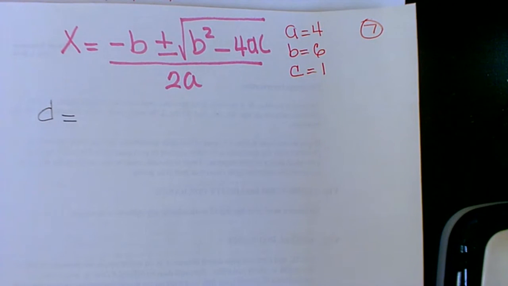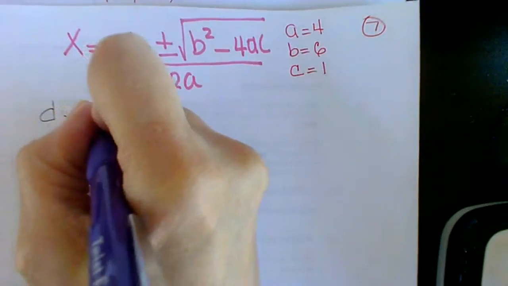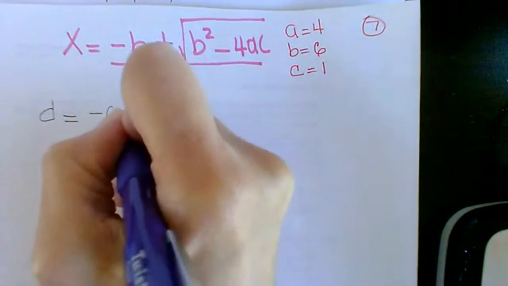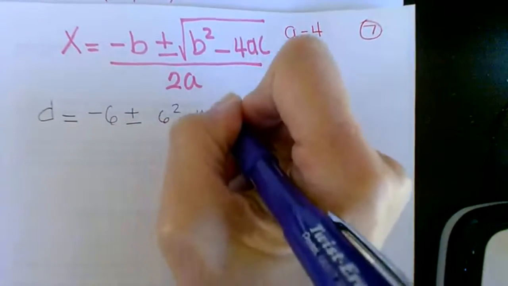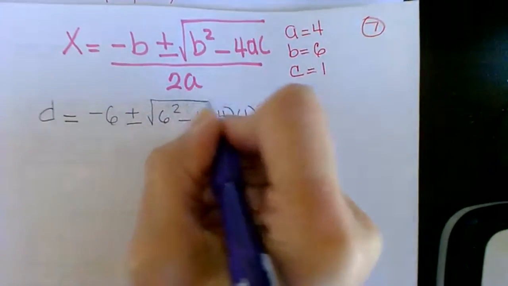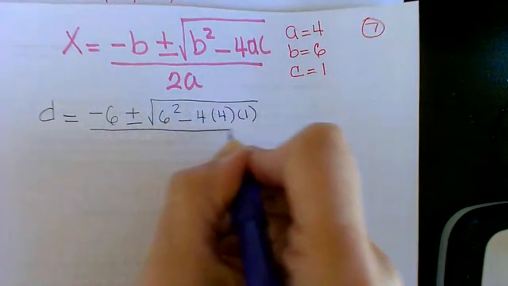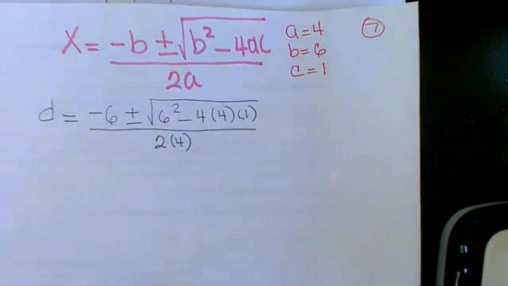Very close. I simplified. Good job. Yeah. Let me simplify it. So we know that b is negative what? Negative 6 plus and minus the square root of 6 squared minus 4 times 4 times 1, divided by 2 times 4.